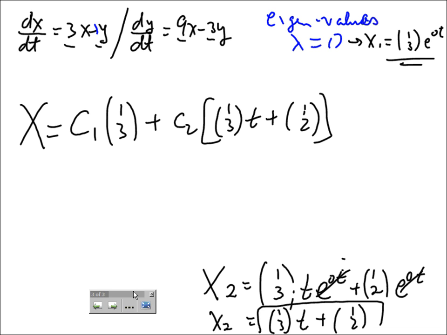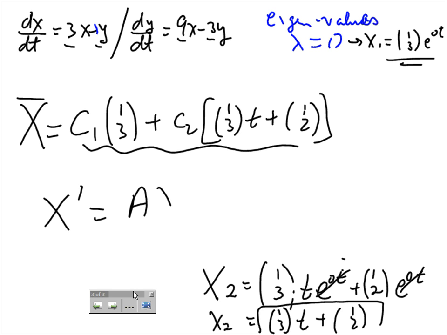And that's what x is. Again, it's the solution to this. If you multiply the matrix A by this x, no matter what c1 and c2 are, you will actually get the derivative.